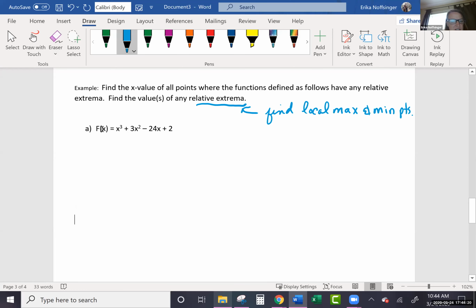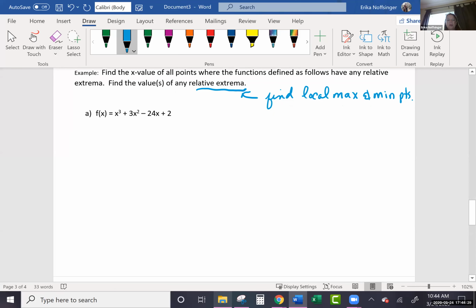I'm just going to change that to a little f of x because later on in the course, big F of x is going to represent the antiderivative and not the derivative.